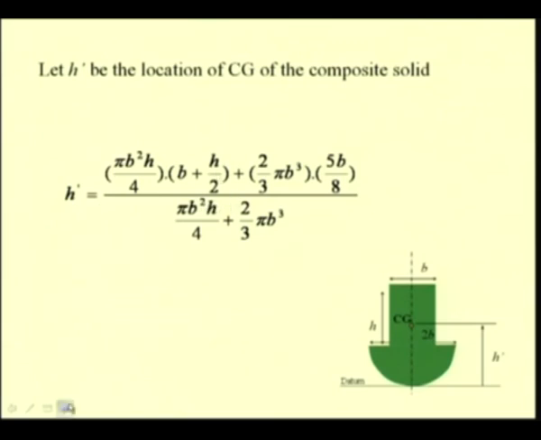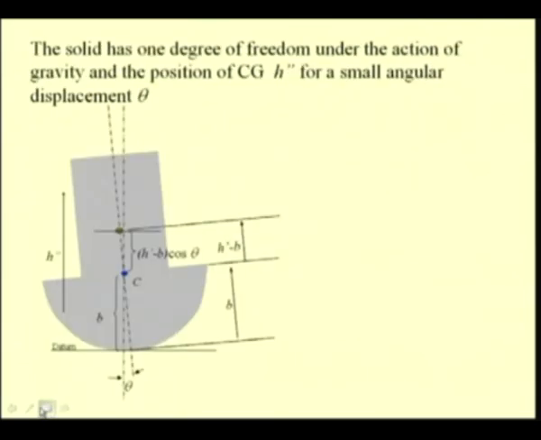If we simplify this, we will get the required expression. Now, let us consider a slightly displaced position of this composite solid from its equilibrium position and analyze how its CG moves, because the potential energy of this system is the gravitational potential energy, and it depends only on the location of the CG of the composite solid.